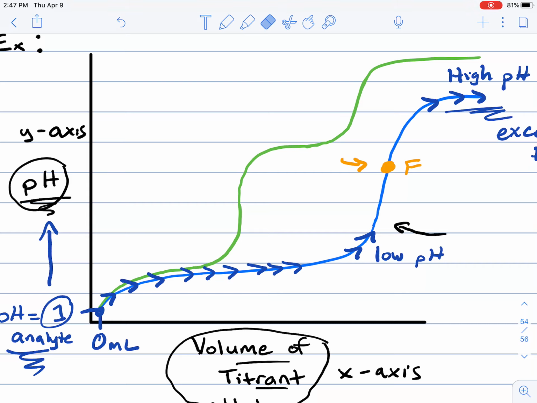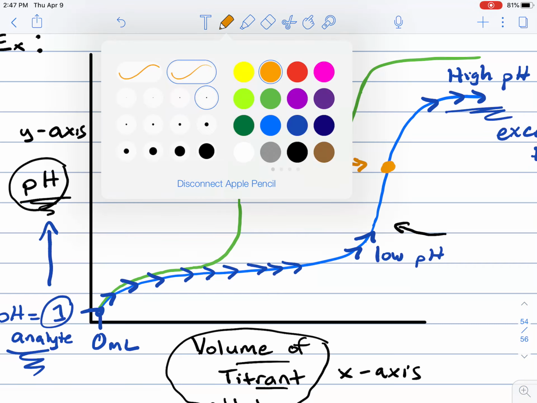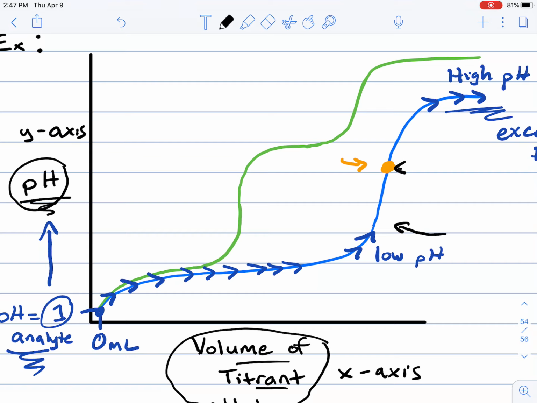Maybe I should not do this in orange. Okay. So somewhere along the middle of that steep increase is going to represent the endpoint. And the endpoint is where the equivalence point lies. And remember, the equivalence point is when the number of moles of acid is equal to the number of moles of base. So that's where the solution has been completely neutralized.